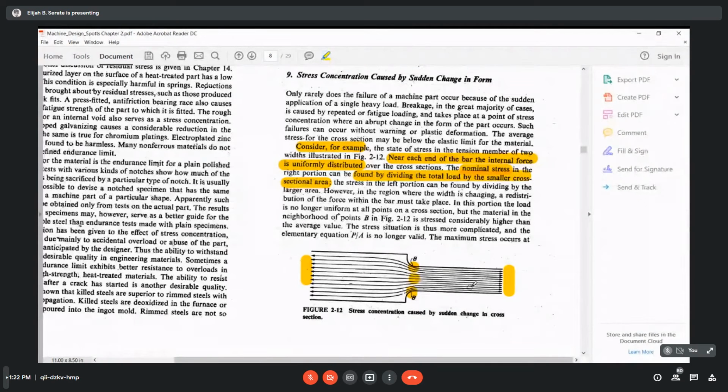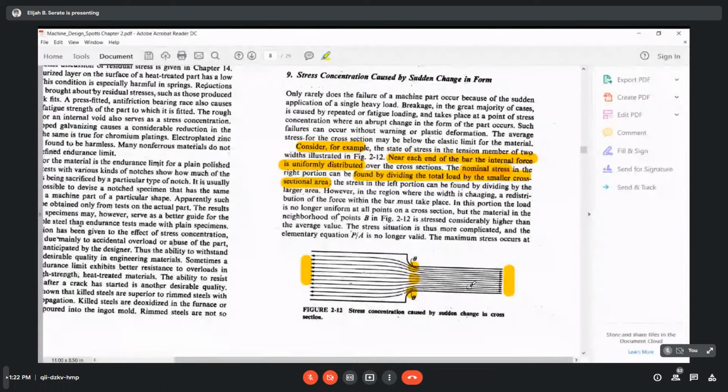So the nominal stress is how much is the internal force on the right. You consider the smaller part, this part here, because the other side is bigger. The internal forces on both ends are the same, but their areas are not.